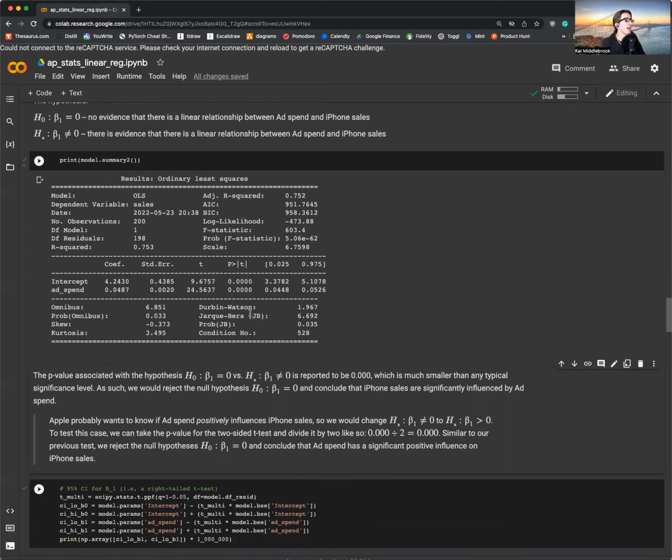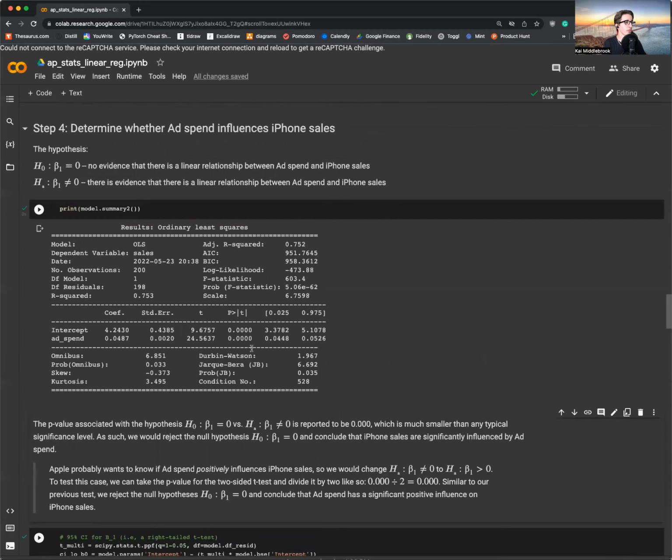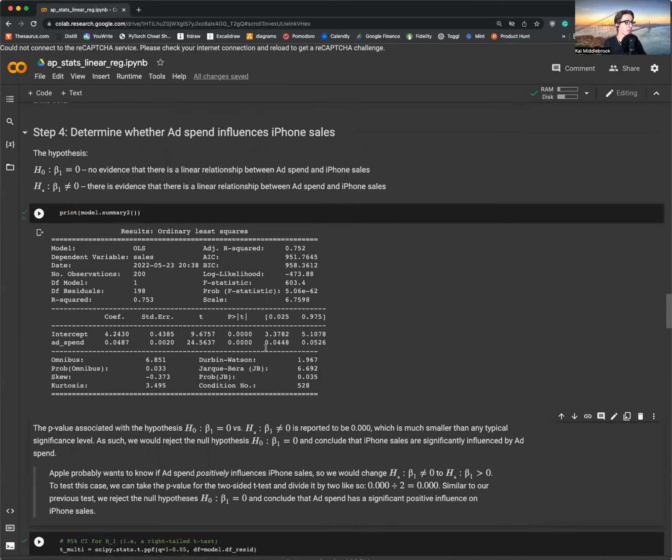And now we interpret this p-value and determine whether we fail to reject the null, or if we reject the null.